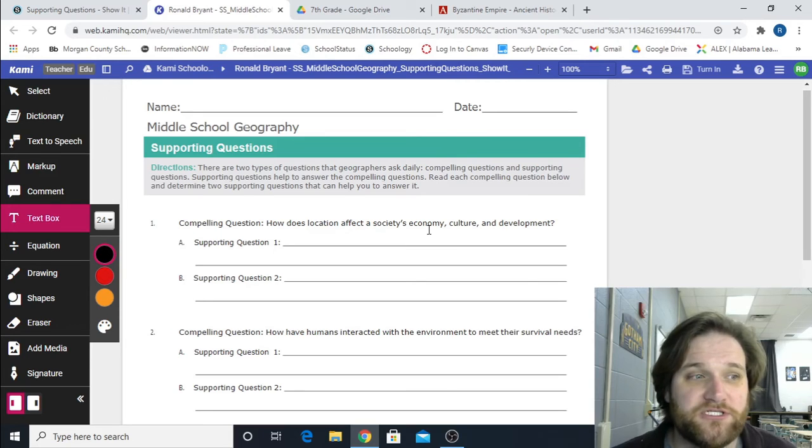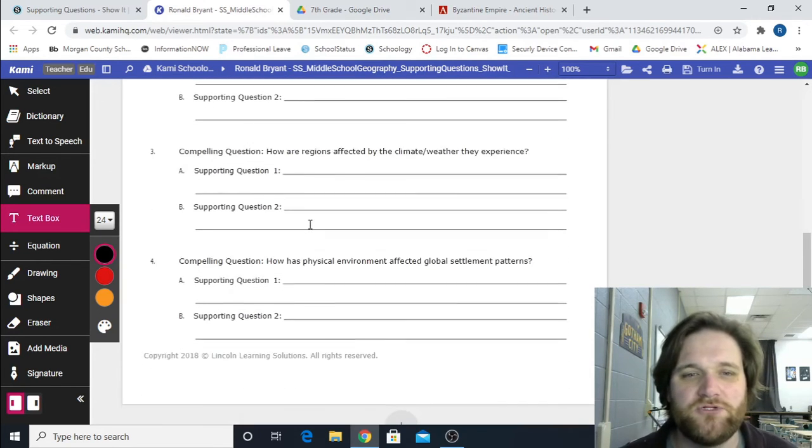If the compelling question is how does location affect a society's economy, culture, and development, the supporting questions are: what is the economy of the location? What is the culture of the location? What is culture? Same thing on the next one. Don't think about it too deeply.